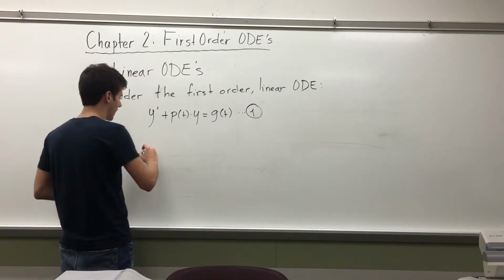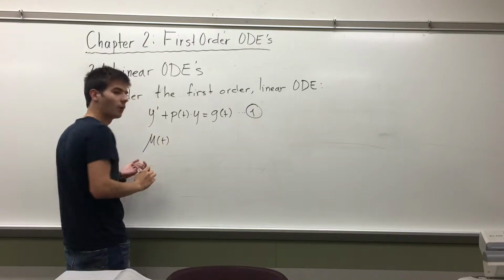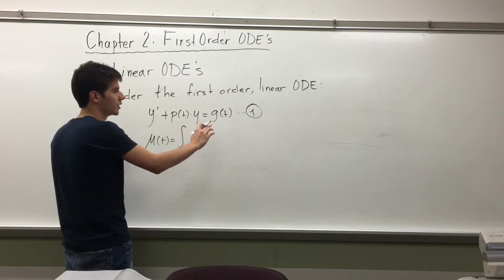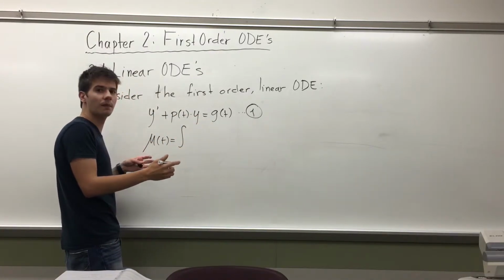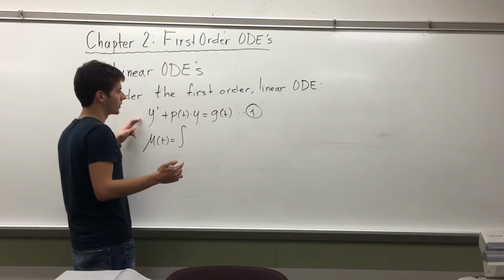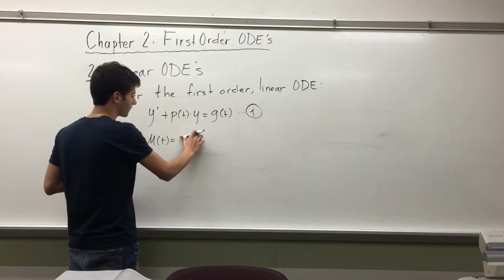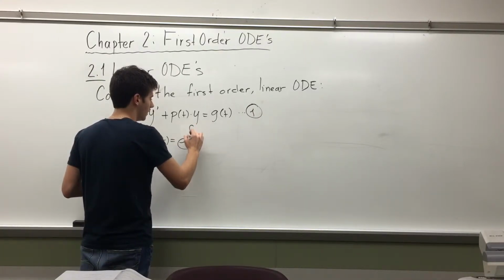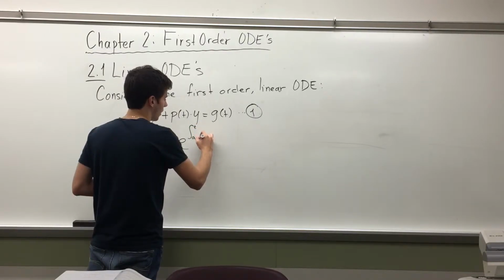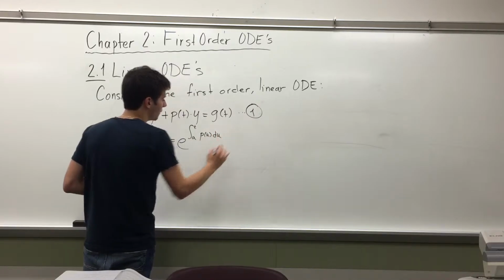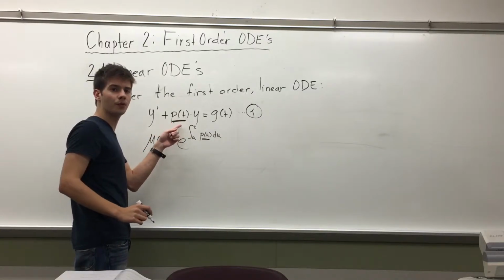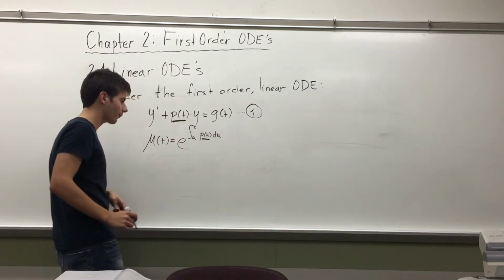He found that this function, which we'll call mu of t, when multiplied by the differential equation, lets us use the product rule we learned in Calc 1 to solve it. And mu of t is e to the power of the integral from a to t of p of u du, where p of u is the function that's multiplied by y.